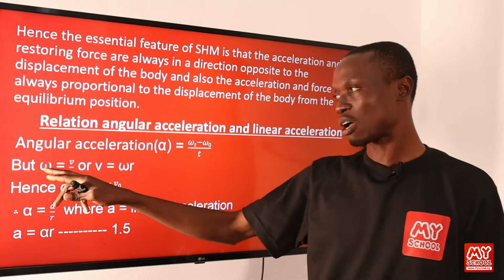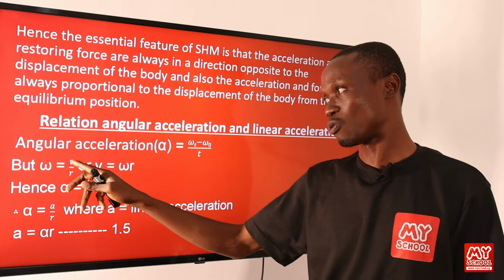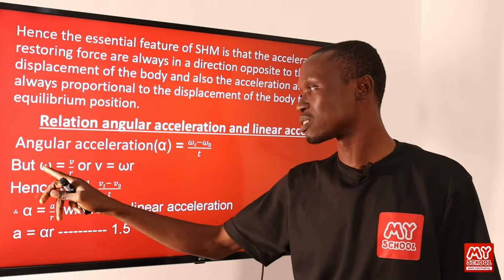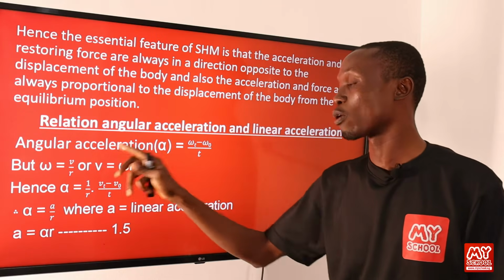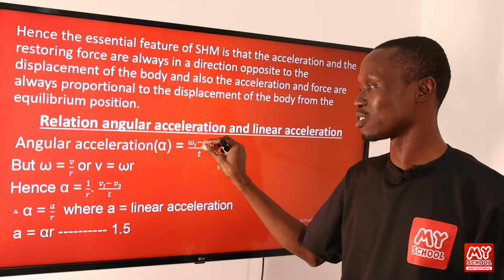But remember that angular velocity is equal to v over r. So we are going to be substituting omega equals v over r into this equation.